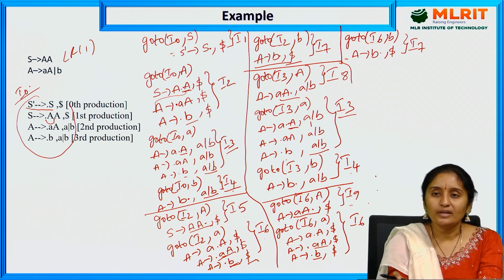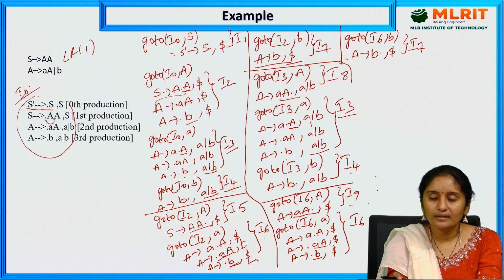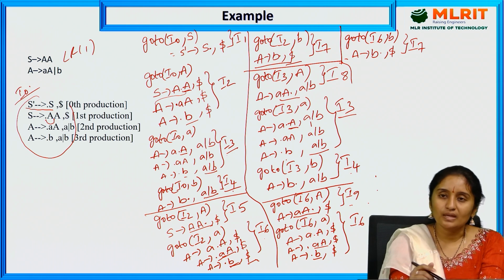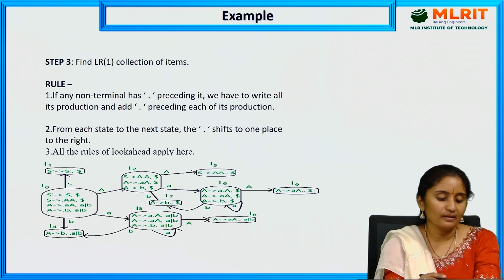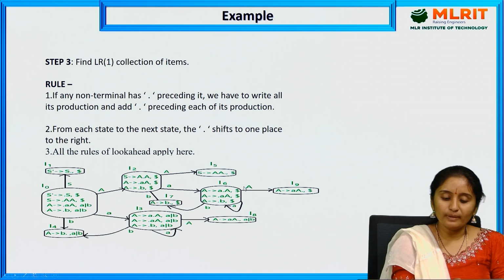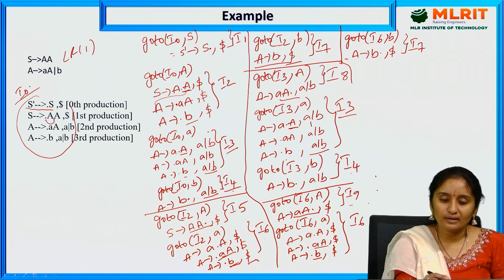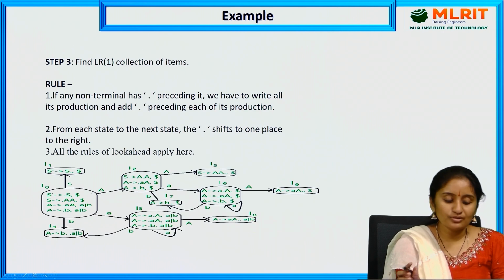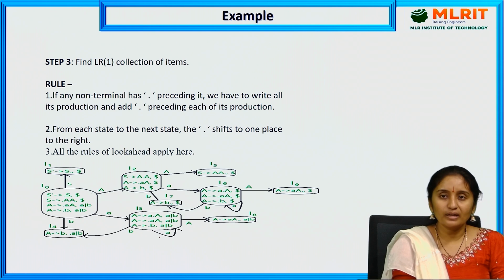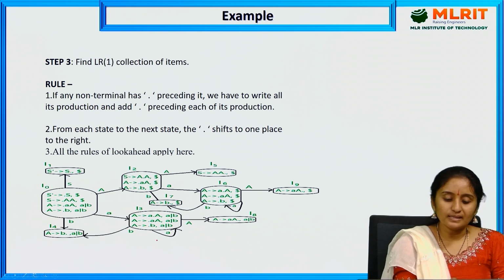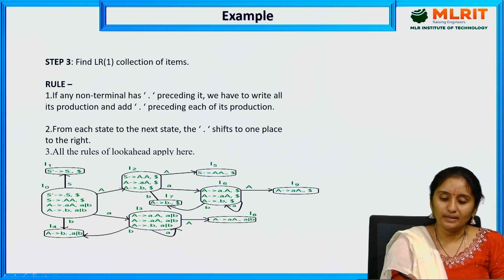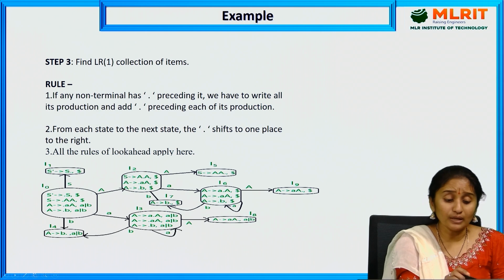So the next one is we are going to calculate the data flow diagram. We can write the goto function directly like this, or if you want to show it in a diagrammatical manner, we can represent it like this. The same thing is written in a diagrammatic manner. So what are the rules we have?